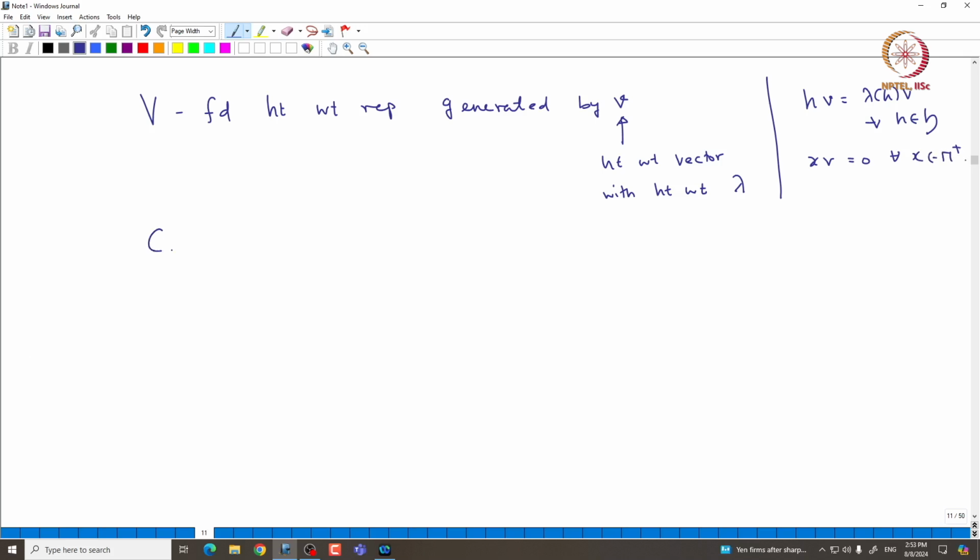So, we actually defined the Casimir operator and then we saw that the Casimir operator acts as some scalar on V, and this scalar is given very explicitly in terms of lambda.